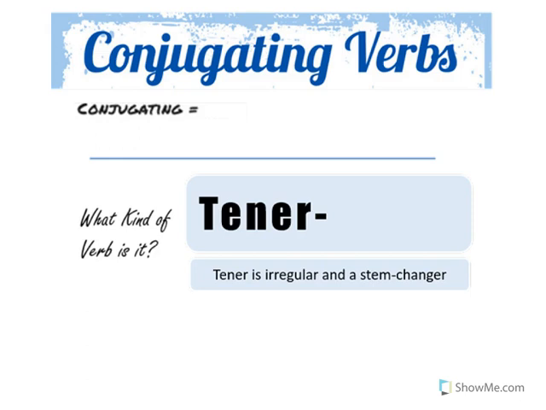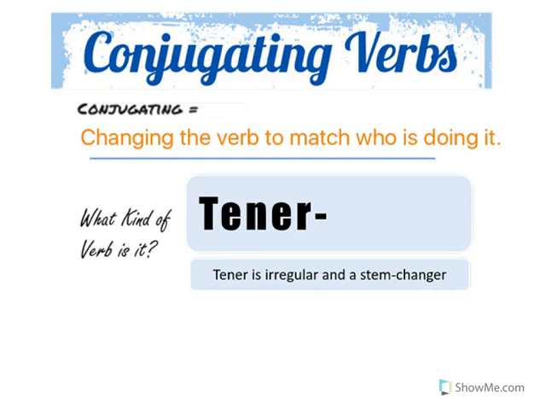The first thing we want to do is define the word conjugating. You're going to hear that one a lot this year and especially next year in Spanish too. So, what is conjugating? Conjugating is changing the verb to match who is doing it.